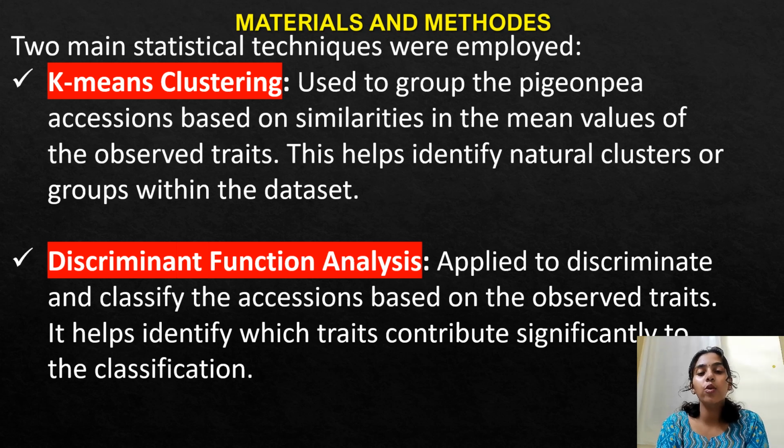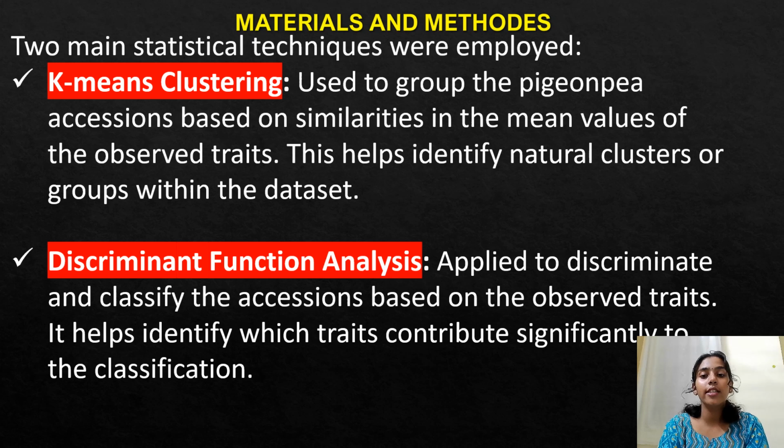Materials and methods used for the study. Two main statistical techniques were employed. The first one is k-means clustering, and the second one is discriminant function analysis. K-means clustering is used to group the PGNP accessions based on the similarities in the mean values of the observed traits.